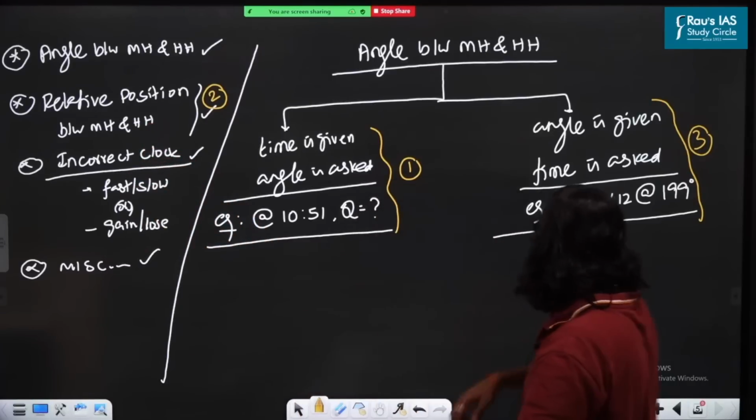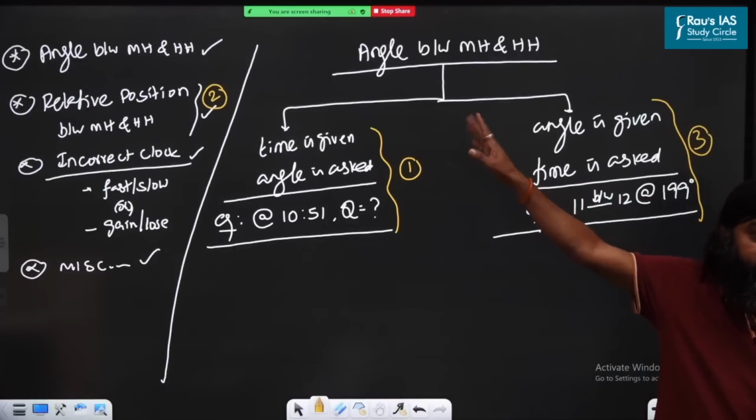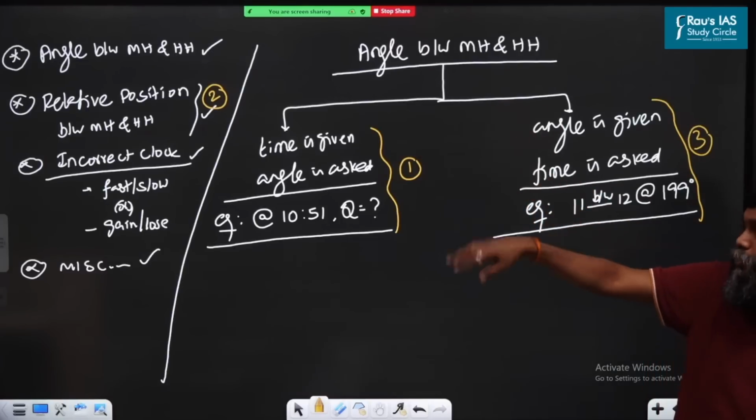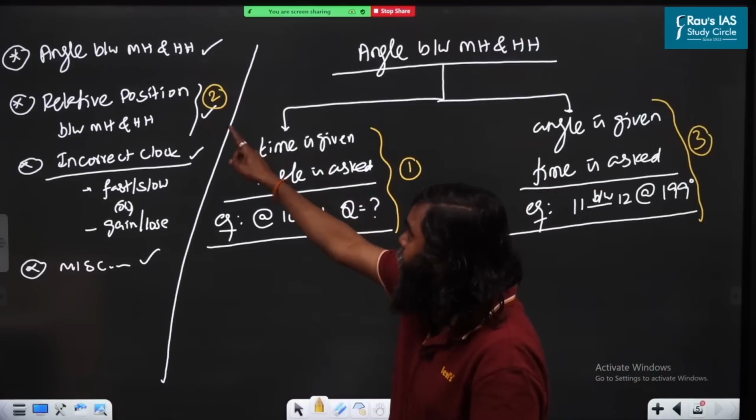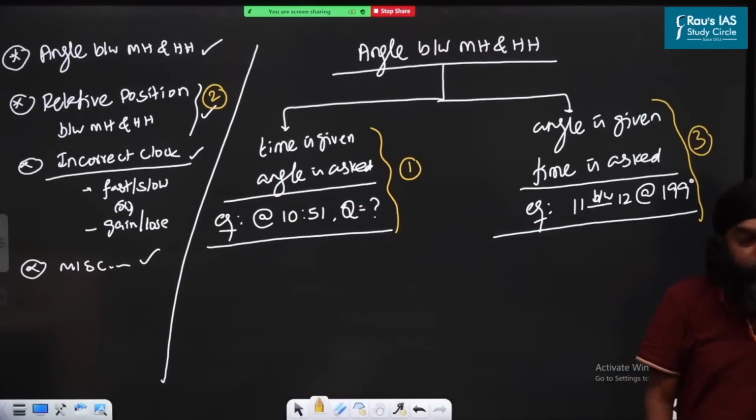By seeing this, you will know for 199 degrees in this time slot whether there is no answer, one answer, or two answers. Sir, can more than 2 time slots be created? We can decide that. So first I will finish this, then go here, then come to here. All are understood?